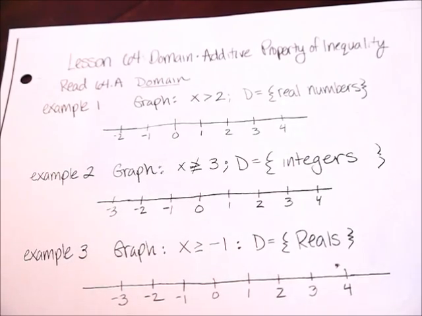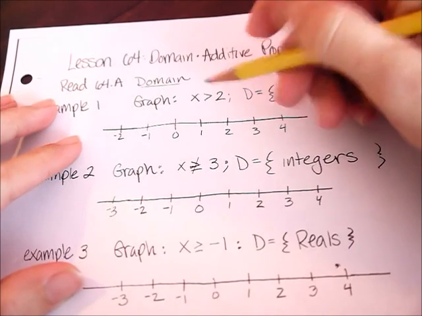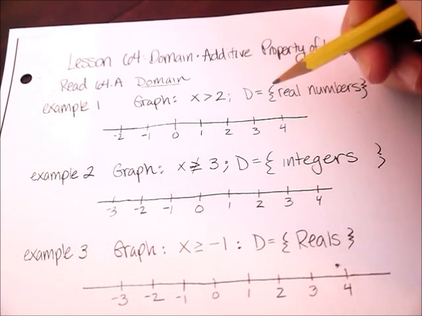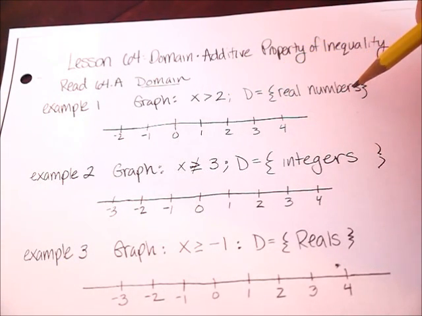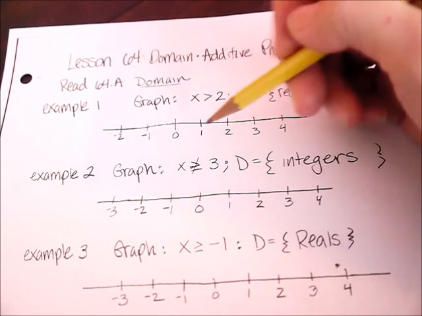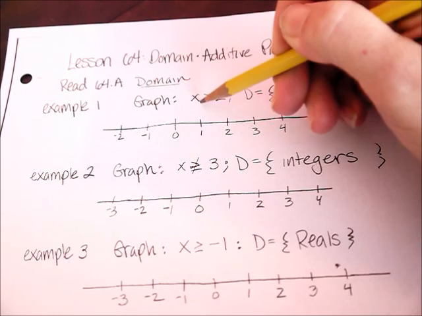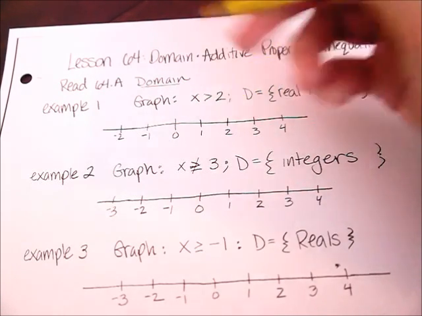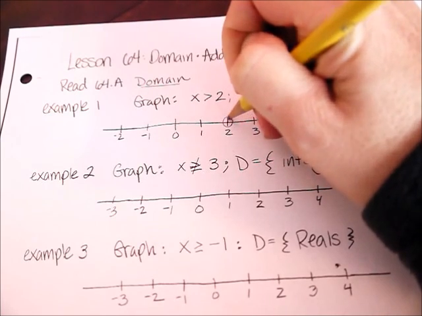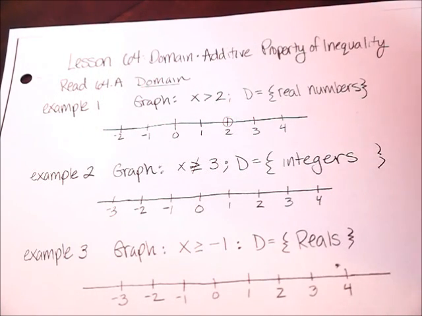Okay, now we're going to graph x is greater than 2 for all real numbers. So that means we find 2 on our number line. There it is. Now remember, this does not say greater than or equal to. So because of that, it's an open circle. Do you guys remember this from last year?